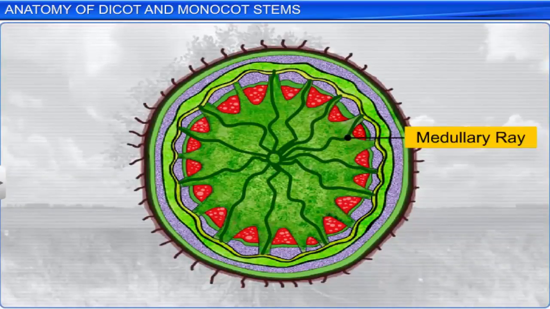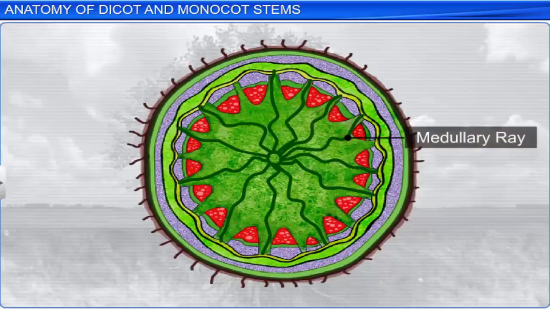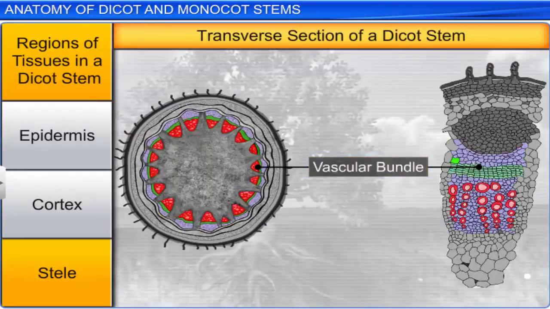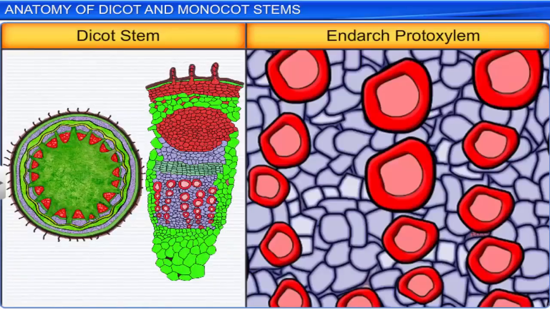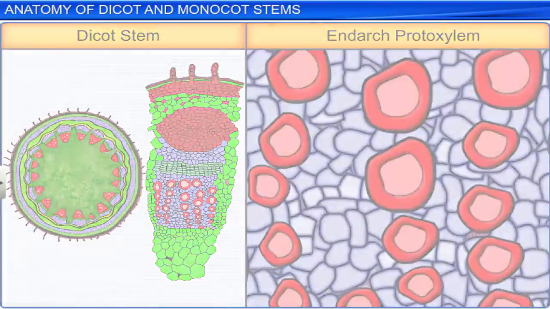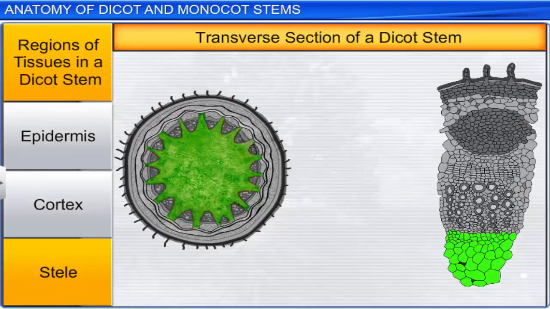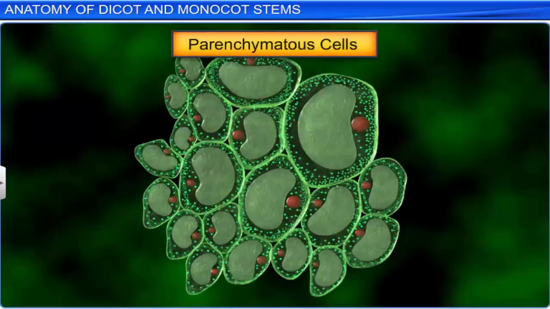Each vascular bundle in a dicot stem is conjoint, open, and consists of endarc protoxylem. The central region of the stem is filled with pith. It is composed of a large number of rounded parenchymatous cells with many intercellular spaces.